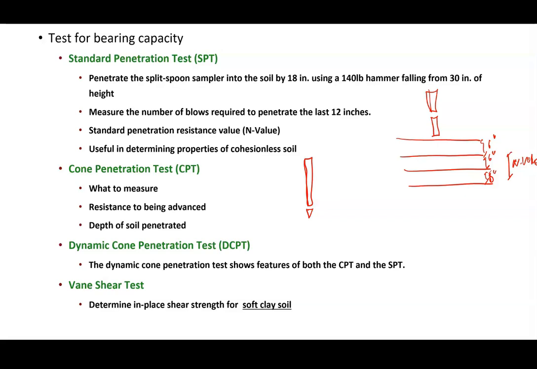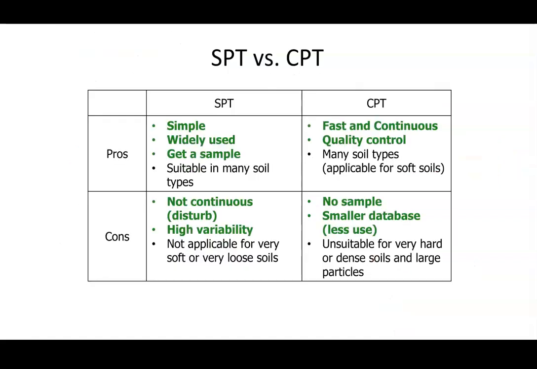It's less expensive and easier to perform, but it's not as accurate as SPT or CPT. And then I also talked about vane shear test, which can be used to measure C, or shear strength, or cohesion of clay. Make sure to review the pros and cons of SPT and CPT.